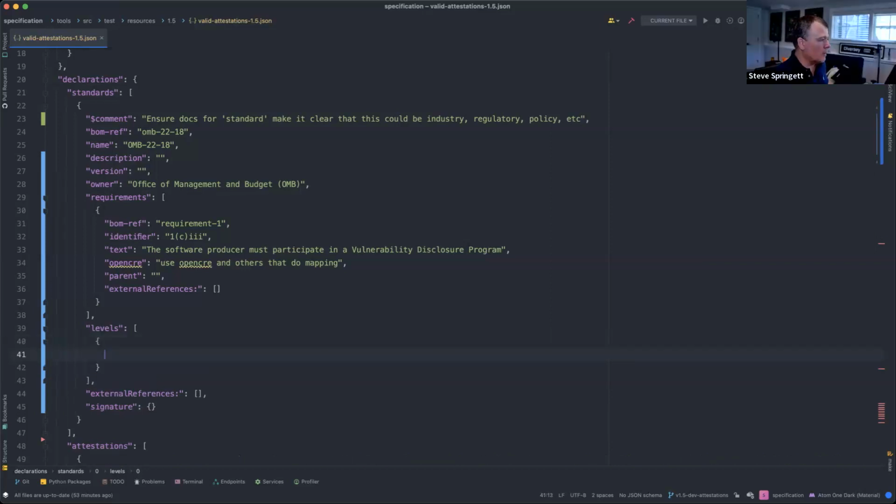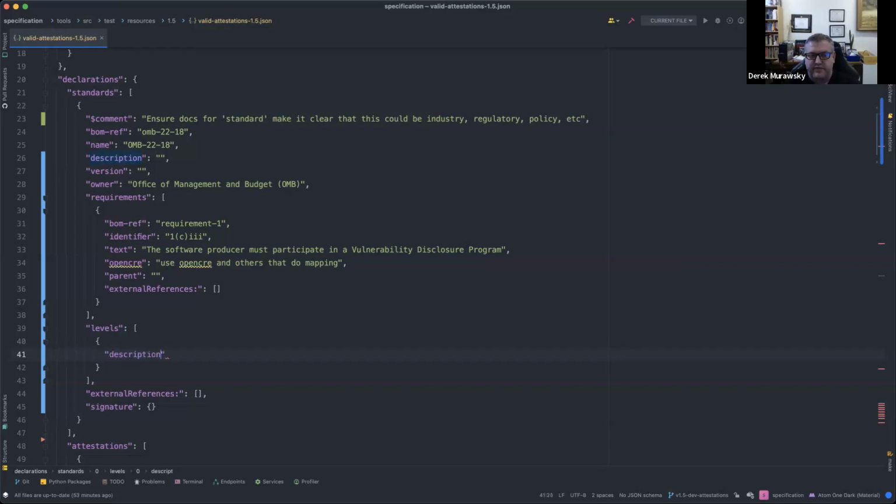All right, hold on. Let me see if I can capture your train of thought. So you've got an object. You said it had a description though. Yeah, because if it's SLSA level 2, what is SLSA level 2? I see. You want to describe the level itself. Yeah, a description for the level itself, and then some kind of an identifier for that level, a name and a bom-ref, that kind of combination.